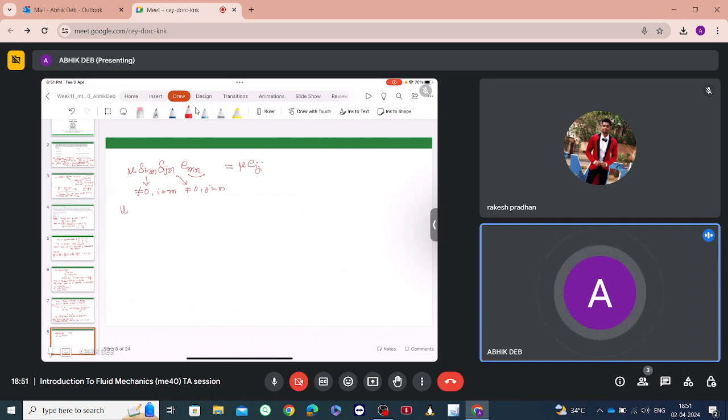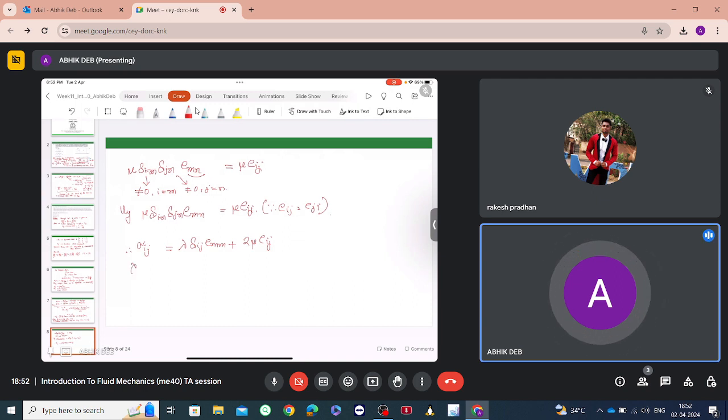Similarly, mu delta in delta jn emn is also equal to mu eij, since eij is equal to eji. Okay, therefore the sigma ij will finally be lambda delta ij emm plus twice mu eij.